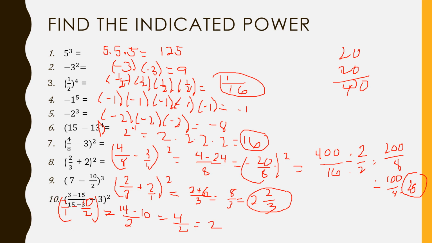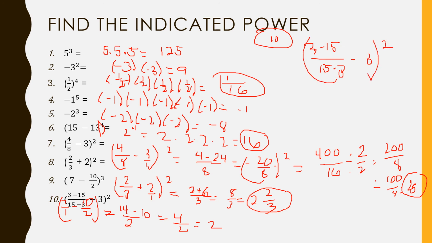Okay, number 10. We have no space for 10, so let's erase this first to have space for our solution. Number 10, the given is 3 minus 15 over 15 minus 3, and then minus 3. It is also squared, or has an exponent of 2.